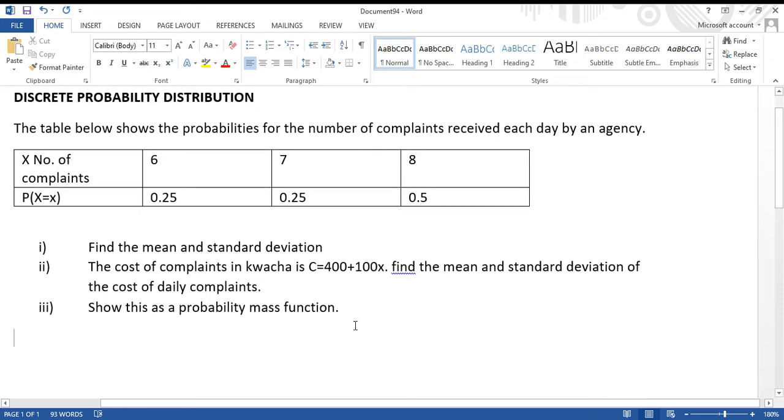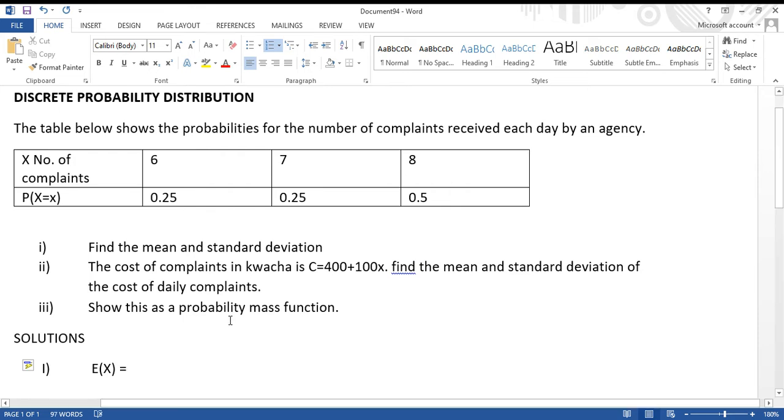First, we find the mean. The mean is also called the expected value. Other questions they'll ask you to find the expected value. And so this is how you find the expected value. This is the formula. Let me write the formula first.